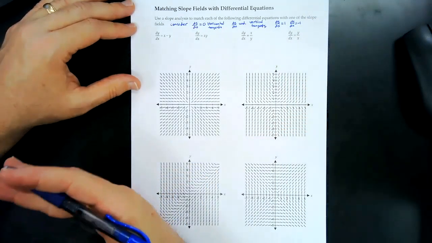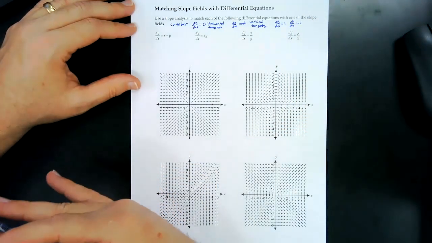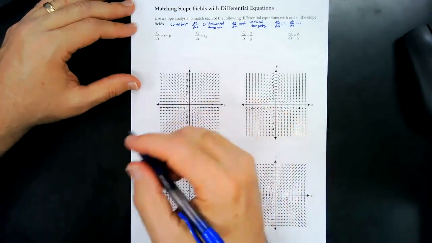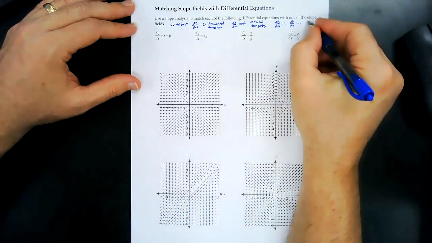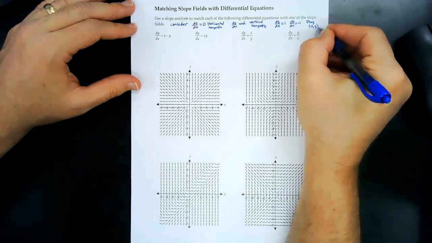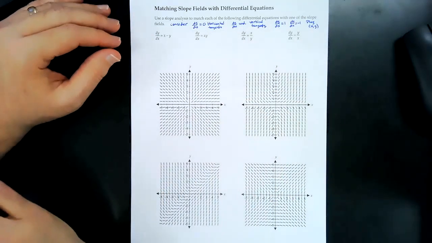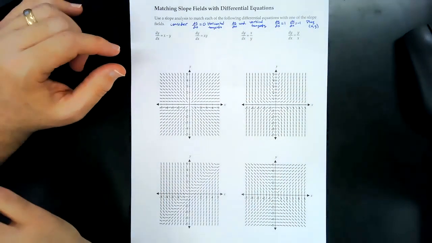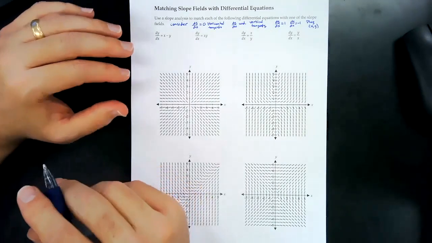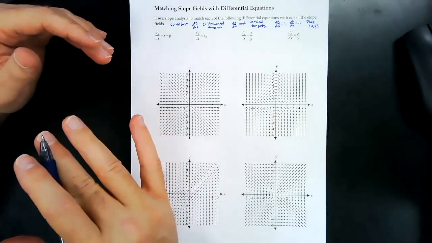And then one other scenario is to take a point and plug in x comma y and see if it works. That would eliminate options: if you're supposed to have a positive slope and you have a negative slope at that point, you know it can't be that slope field.